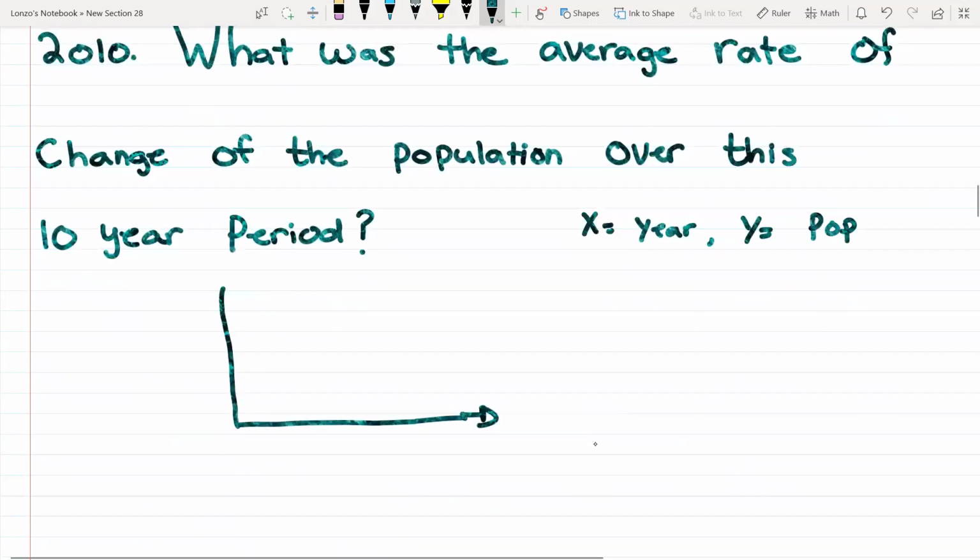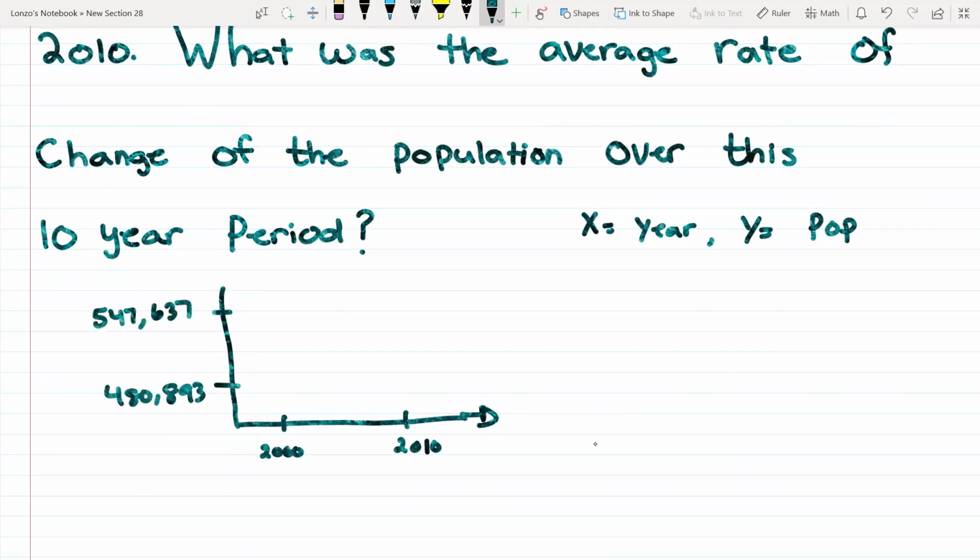So if you drew it, x is the year, so 2000, and then this is 2010, and then the population is 480,893, and the other one is 547,637. If you plot it, it would look something like this. Not exactly, but you get the point.